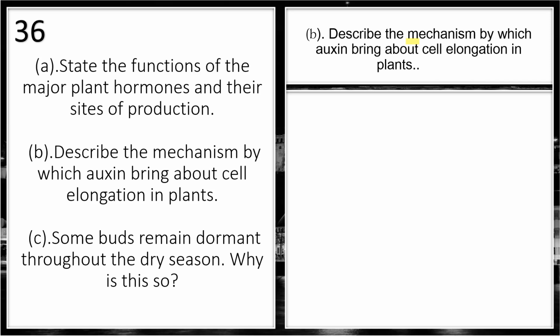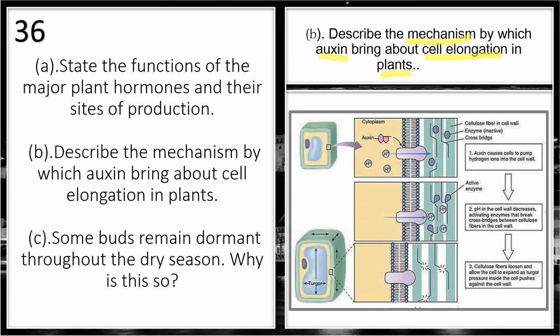Part B. Describe the mechanism by which auxins bring about cell elongation in plants. We have our structure here trying to show us how the auxins bring about cell elongation.